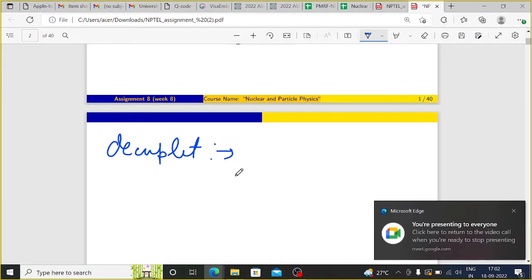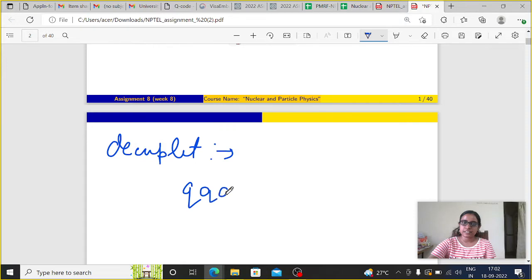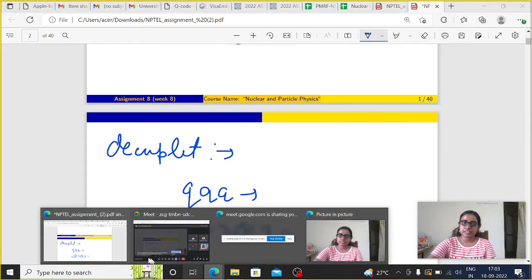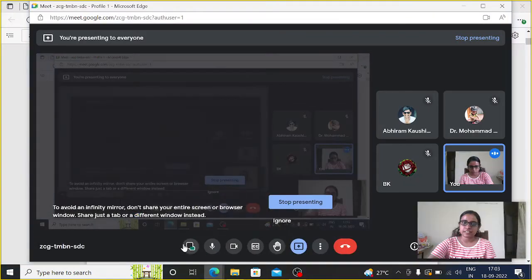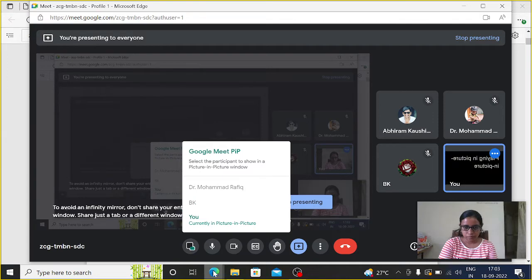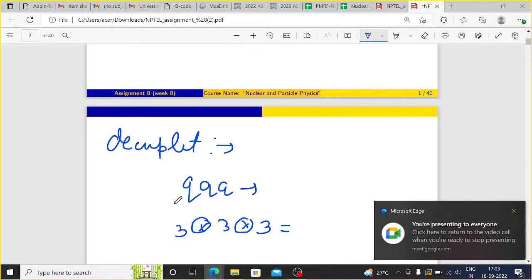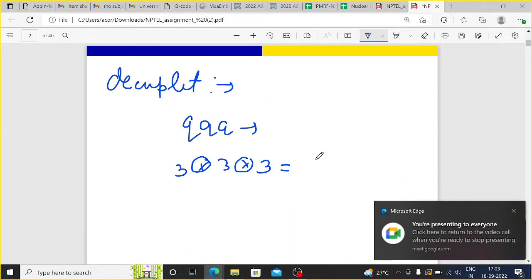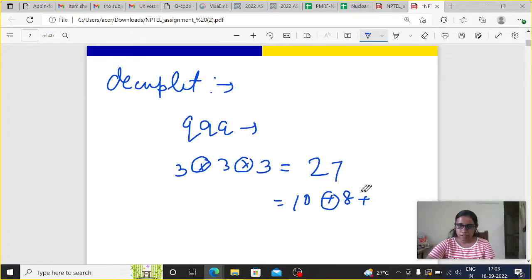So in the decuplet, what we did in the last class was 3 cross 3 cross 3, which gives us 27. That means 10 plus 8 plus 8 plus 1.